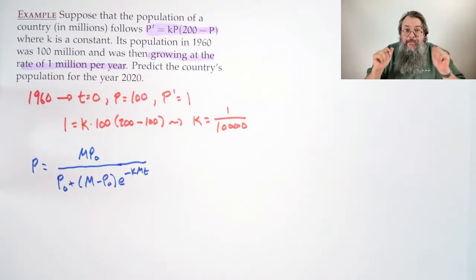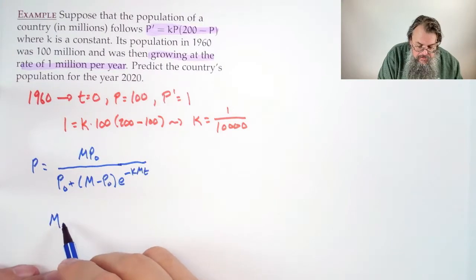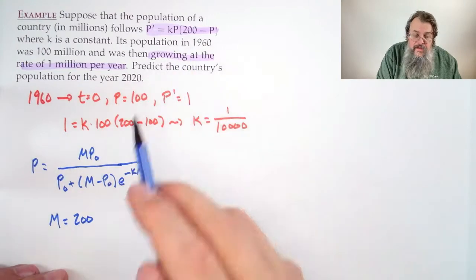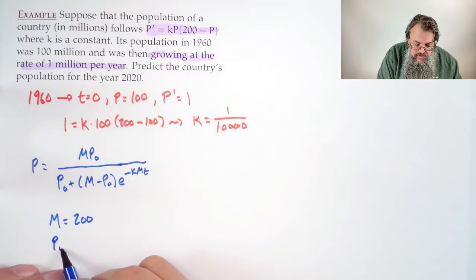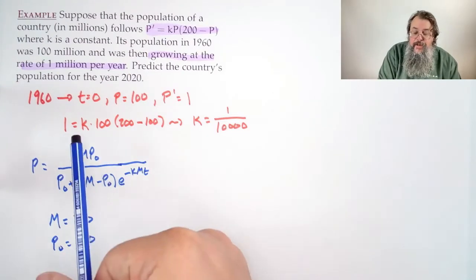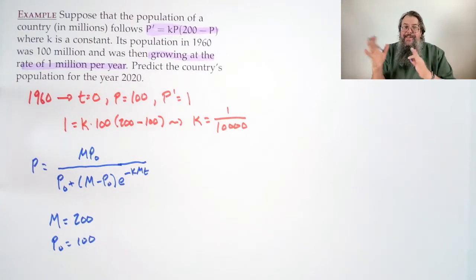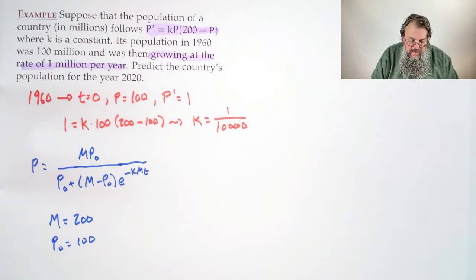Now, let's plug in what we know. We know M is 200 because that's what's given. We know k. We also say that P0 is 100, because we're thinking of time 0 as being our data point. We oftentimes reset: whatever is our first piece of information, that's our time 0. And so we have everything that we need.